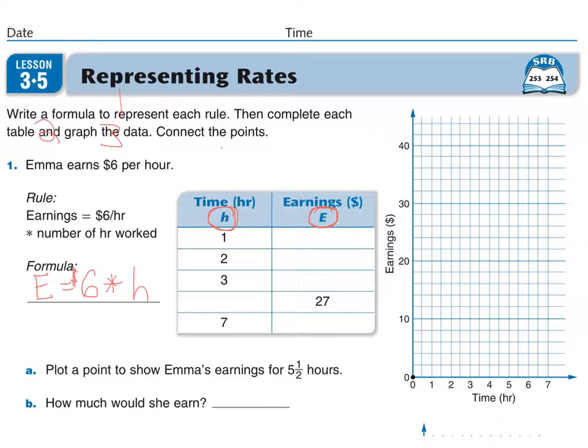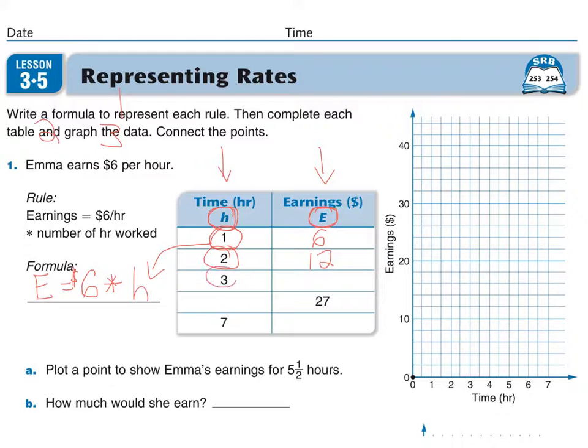Over here in the table, I've got the time in hours, and then I have mostly missing earnings. I do have one earning in there that we'll deal with in just a second. So I'm now going to plug in my values for my variable h. For the first one I have 1 hour, so that would be $6 times 1 hour, which would give me $6. I would then have 2 hours times $6, which would give me $12 total for her earnings.